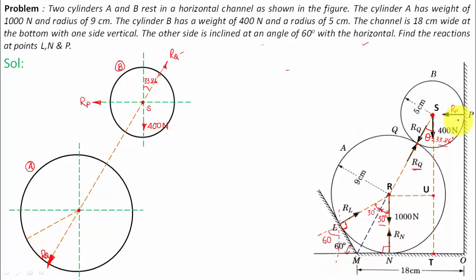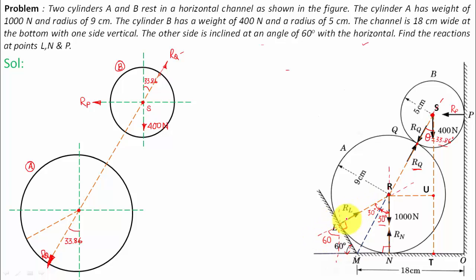Now RQ, watch this carefully. This is the line of action of RQ. RQ is at an angle of 33.86 with the vertical, so this is the line of action of RQ, and the angle that it's going to make over here is going to be equal to 33.86. Now the next one is this RL.